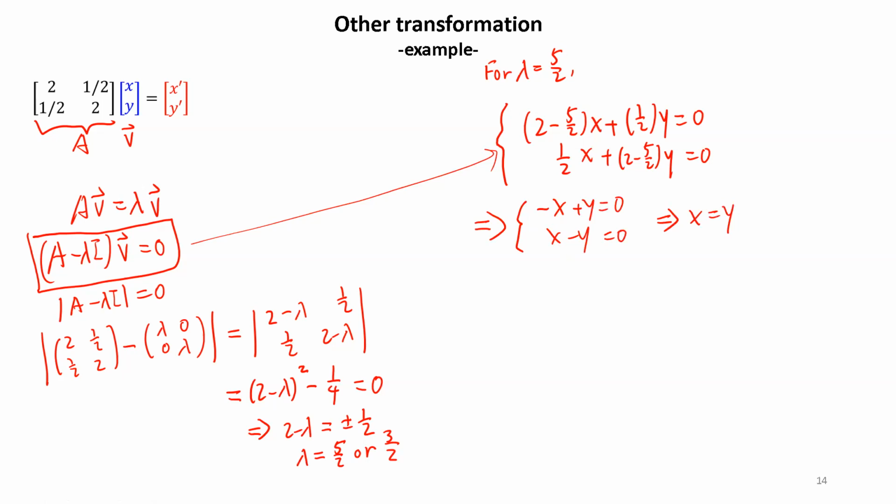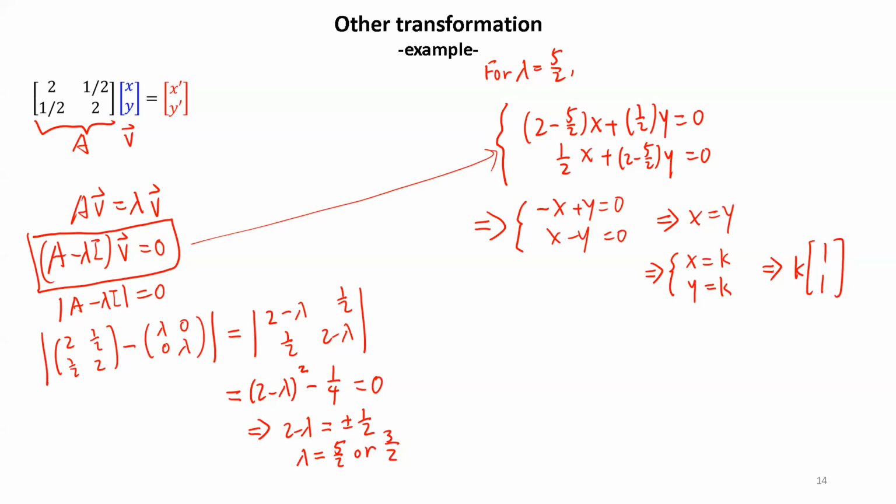If you pick a free parameter for this x, and we call this k, then y also has to be the same k. That means the eigenvectors would be k times 1, 1. So this is the eigenvector corresponding to lambda equals 5 divided by 2.